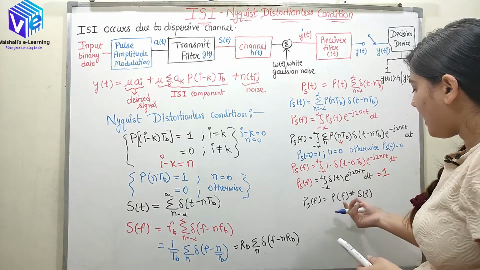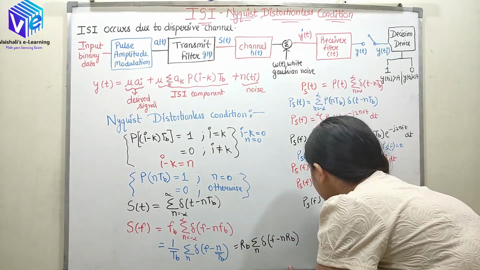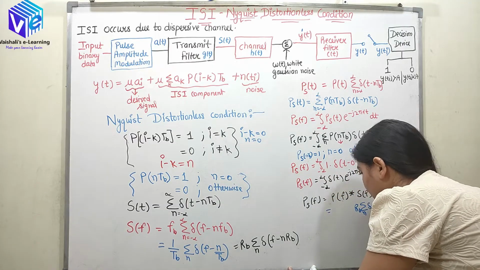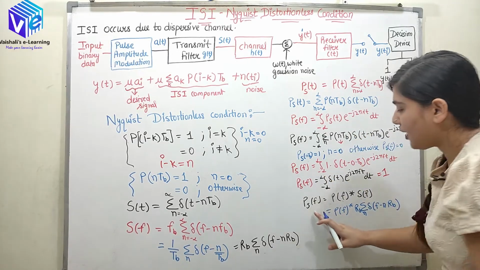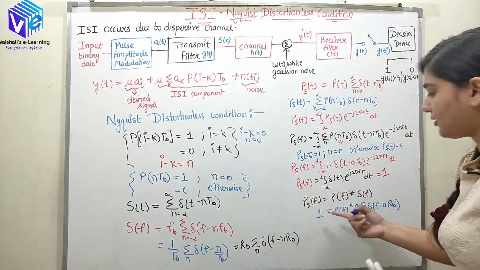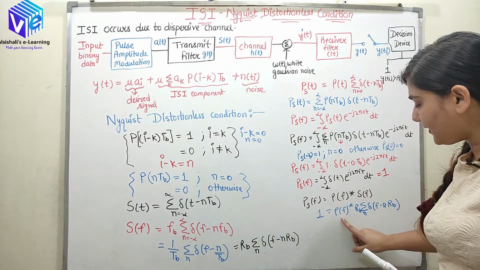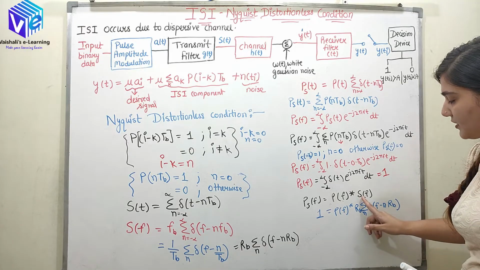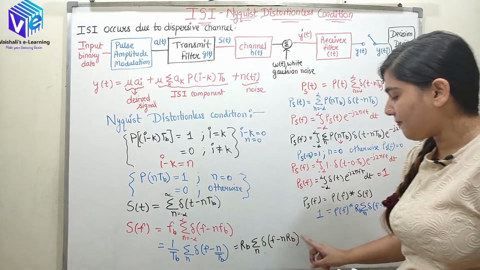So now here I hope you can see directly what is S(f). What is PS(f)? PS(f) is 1. I'll just put the value of PS(f), which is 1. P(f) I have kept as P(f) only because I don't know the value of P(f). Now here I replace the value of S(f). S(f) was RB summation over n of delta(f minus nRB).